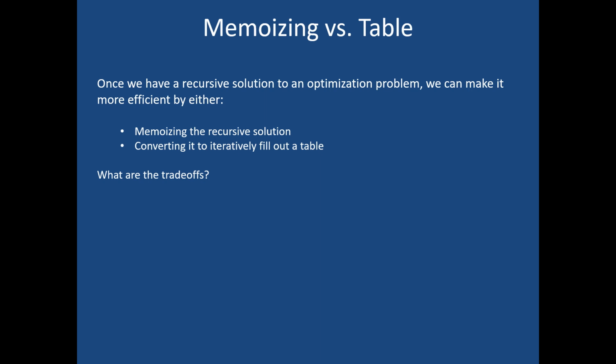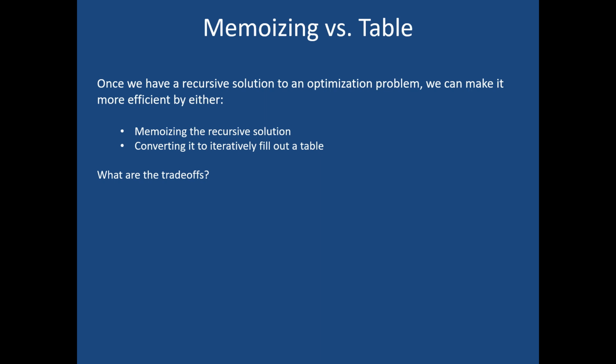What are the trade-offs? Why would you choose one over the other? Why would you choose to do it using caching as opposed to creating a table and filling it out? Yeah. In some situations, the recursive one can avoid extra calculations. Okay. The table has better locality. So there are some situations where if you fill out a table, you'll compute way more subproblems than really need to be computed.